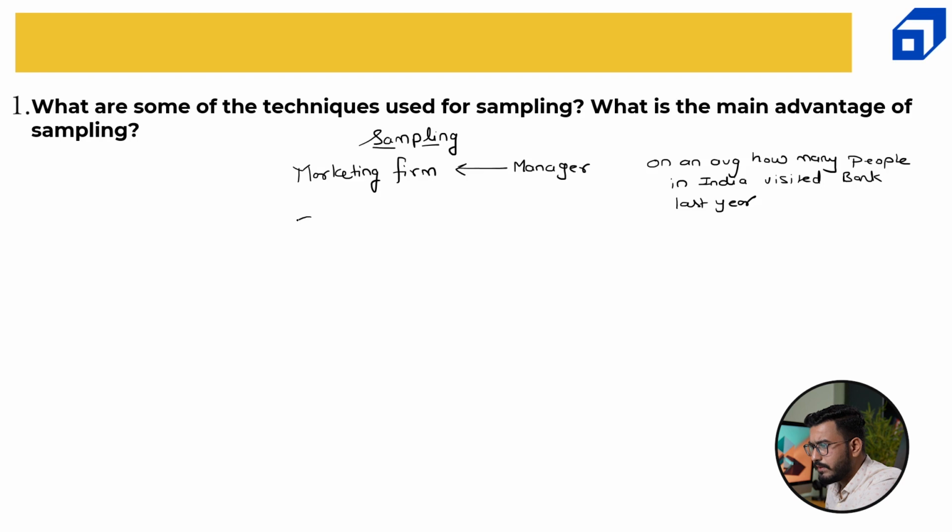Now if you try to understand this problem, this is a really challenging problem for you as an individual. If we look into the population for India, so let's assume this is Indian population, we have 132 crore people.